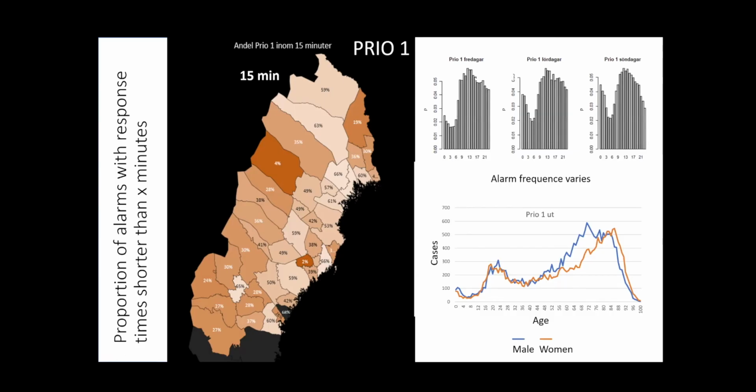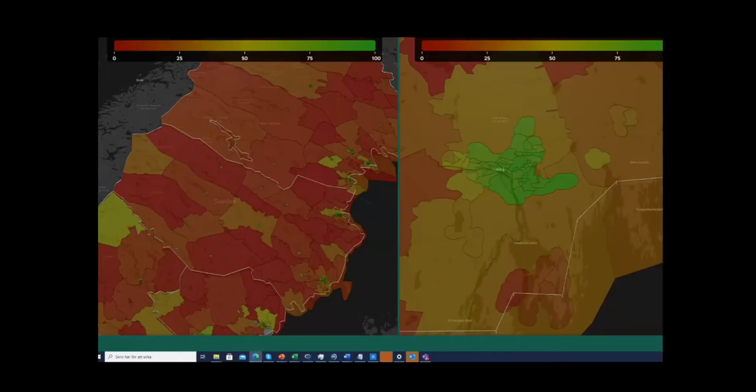If we look at even more detail, this may be hard to see, but down here is Umeå, and red here means very long waiting times, green fairly short waiting times. So within the cities, Umeå, Skellefteå, Piteå, Luleå, it's fairly short, but around is very long.